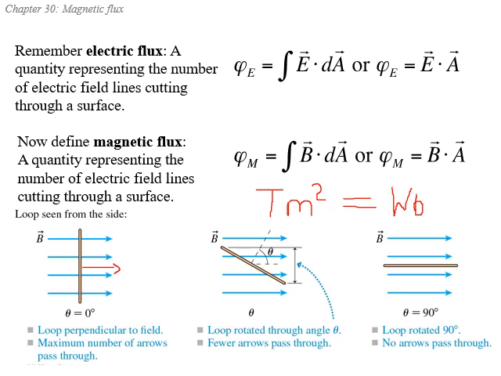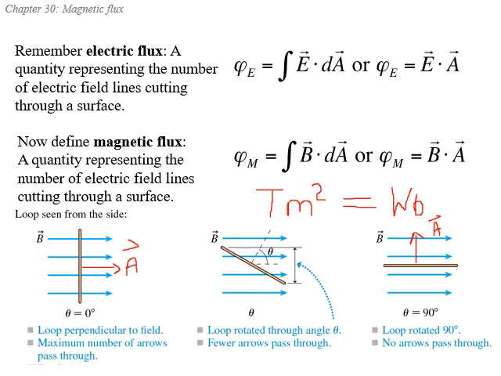So there's the area vector for this one. When the magnetic field and the area vector are parallel, you get the biggest flux. When they're at an angle, you get some flux, and when they're perpendicular, like this, you get zero flux. So the area vector is perpendicular to the object itself.